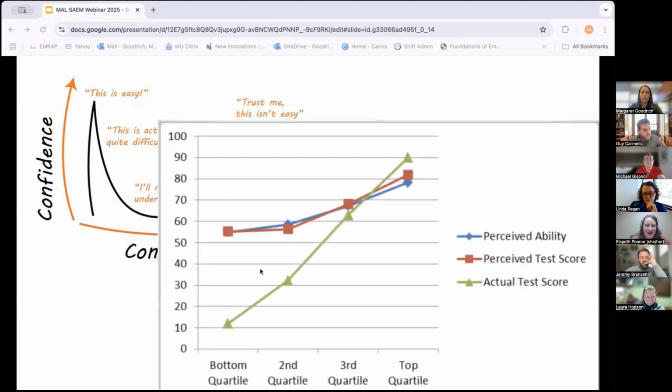However, the actual Dunning-Kruger curve looks like this. So for folks who are doing well, so pretty much the top half of learners, they understand where they're at in their capabilities and predict how they're going to perform pretty well. And the top group even underestimates their abilities a little bit.